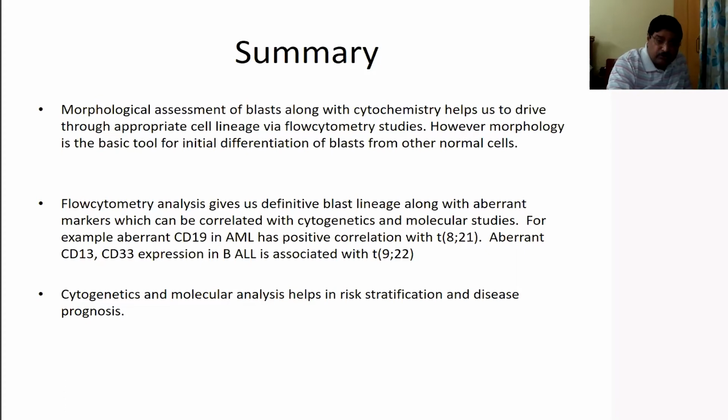But if you want to really prognosticate the patients for your clinicians, you need to employ cytogenetics and molecular analysis for risk stratifying the disease. Thereby, they can select their therapeutic strategy as to what they should do, whether only chemotherapy or they want to mix chemotherapy with bone marrow transplantation.